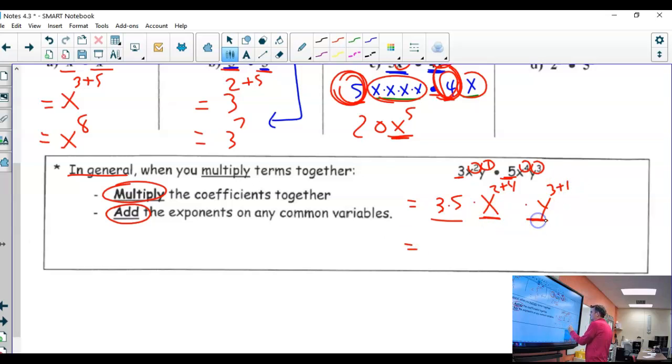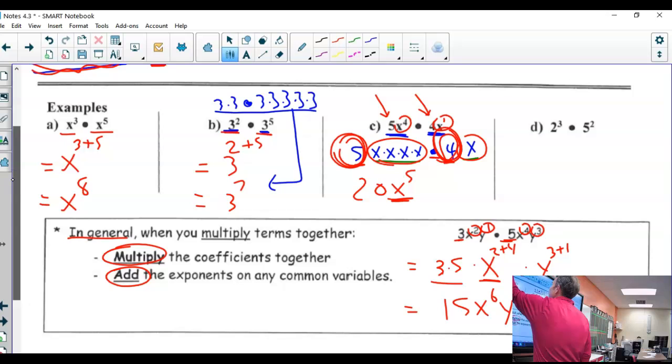So my final result is 15, x to the 6th, y to the 4th. Do we follow that? Multiply the coefficients, but add the exponents when they're on a common base, in this case, a variable.